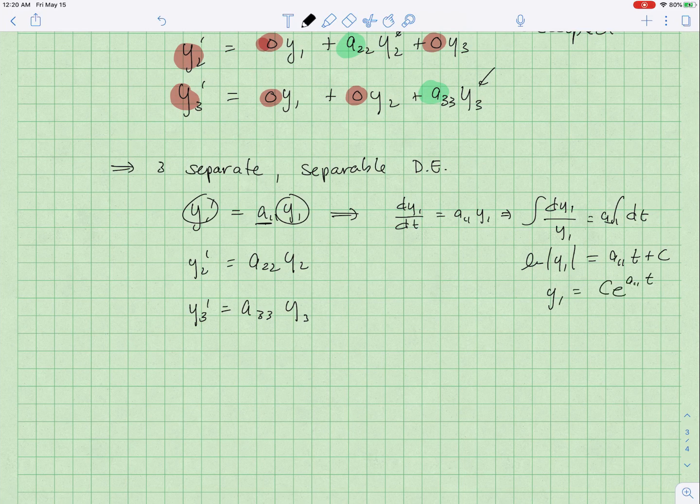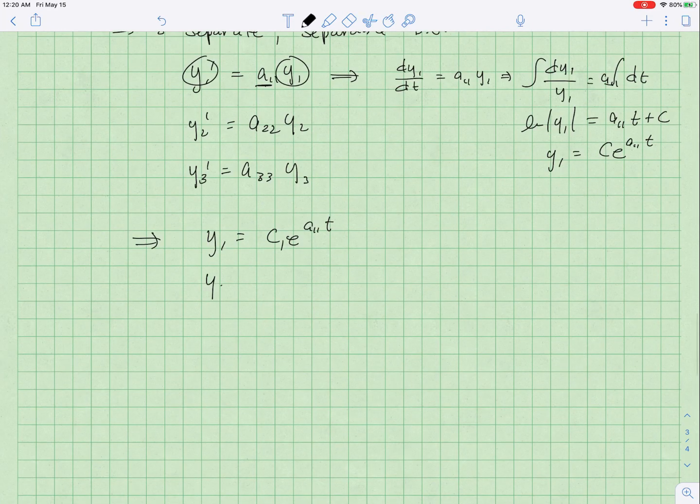So very quickly here, y1 is, let's call that c1 e to the a11t. Following in that manner, y2 will be equal to c2 e to the a22t, and y3 will be equal to c3 e to the a33t.